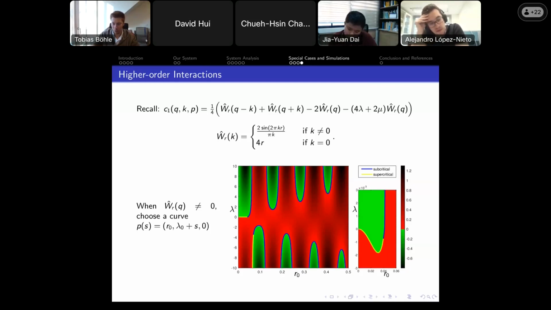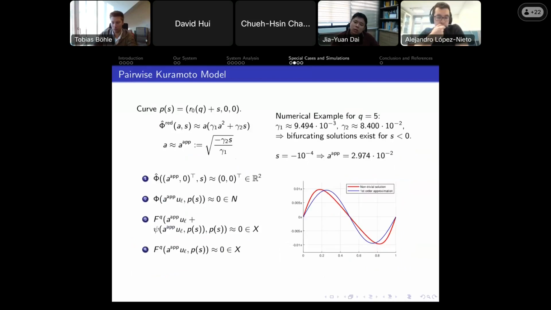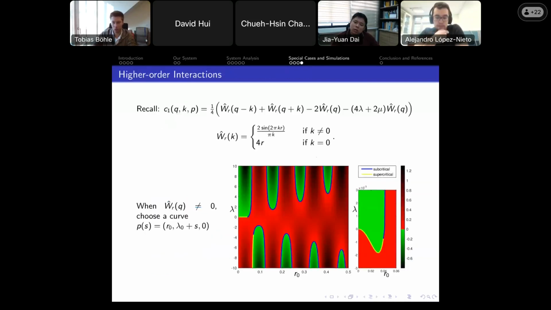But then if you lower R and consider this bifurcation here, for small values of R, the critical eigenvalue is the first eigenvalue. I see. And so at these values here, the profile will look as in this figure here, but not necessarily over there.